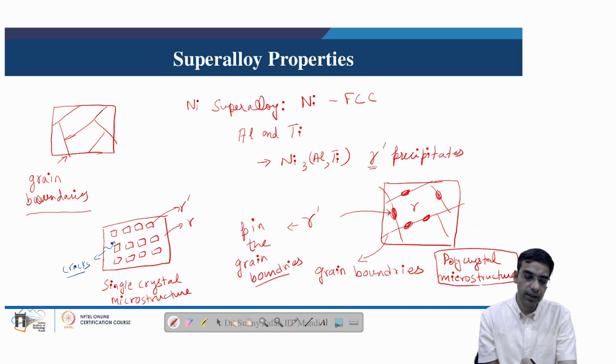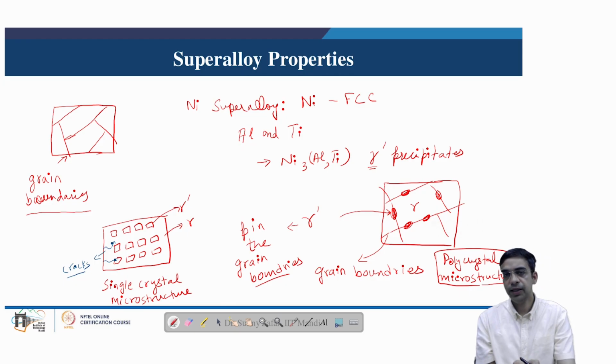In many cases the crack may itself be arrested by the presence of these precipitates, and we can now understand how the presence of coherent precipitates in the superalloy helps to enhance their strength and oxidation resistance even at elevated temperatures.